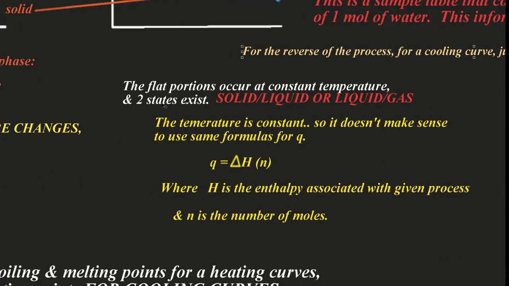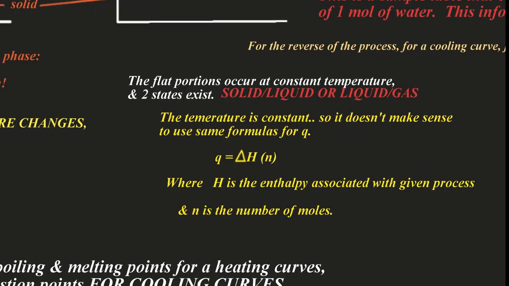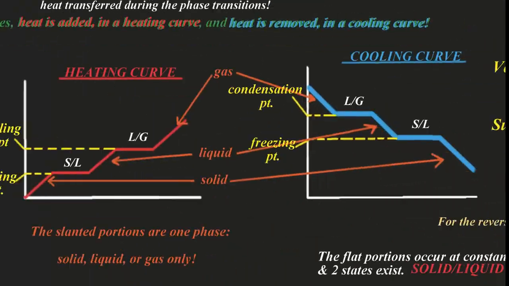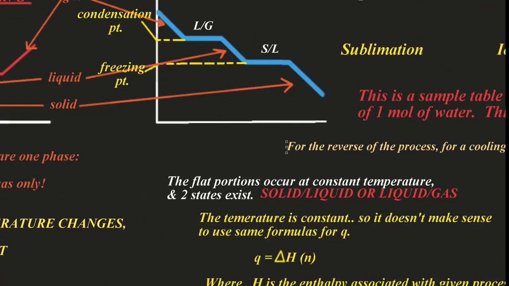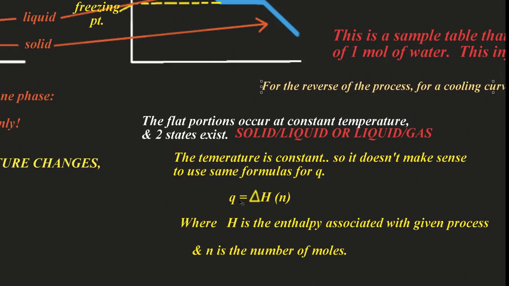This is just showing again that the flat portions are a combination of both solid and liquid, or liquid and gas. You'll see that here with the abbreviations that I've made. So here, it doesn't make sense, like I said, to use the same formulas for Q, so we use delta H times n, where n is the number of moles.